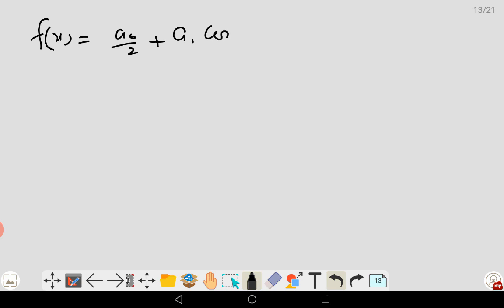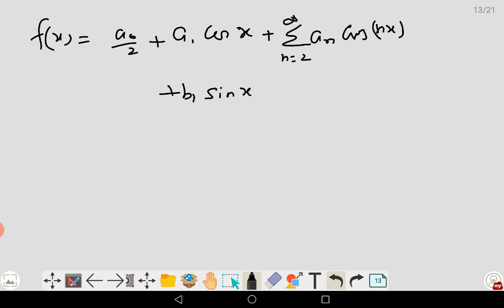f of x is a0 over 2 plus a1 cosine x, with n pi x over pi, isn't it? And plus summation n from 2 to infinity an cosine nx.